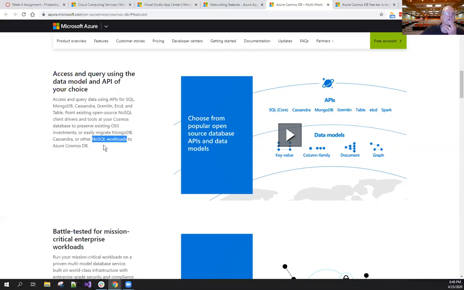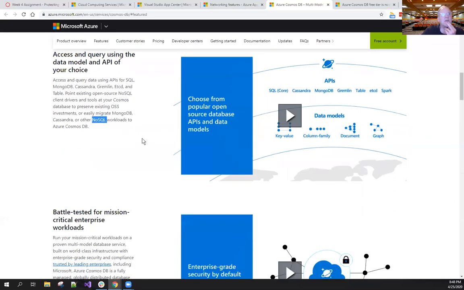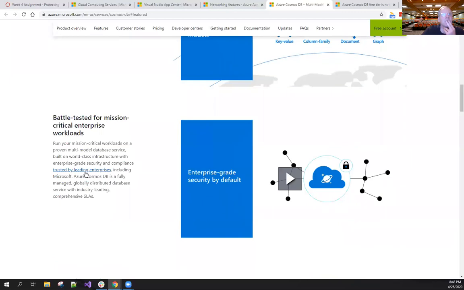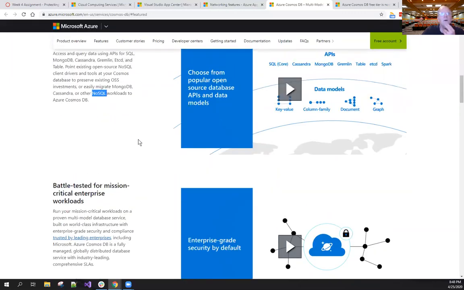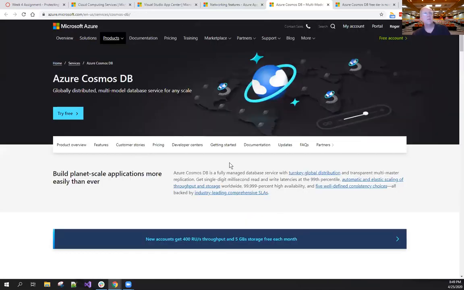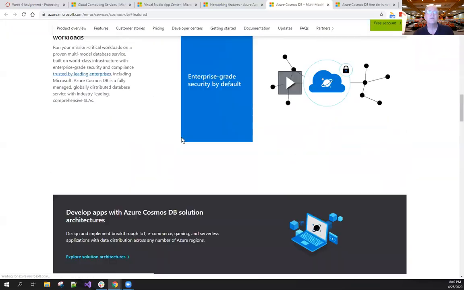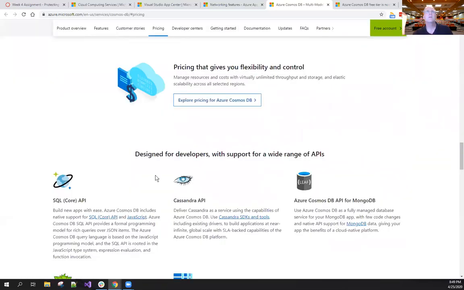Okay, so we got NoSQL going on here. This is exactly what DynamoDB does in Amazon. Okay, so is there something correlating? Yes. Is there a free version? Yeah, free thing, customer stories, pricing, and so on.